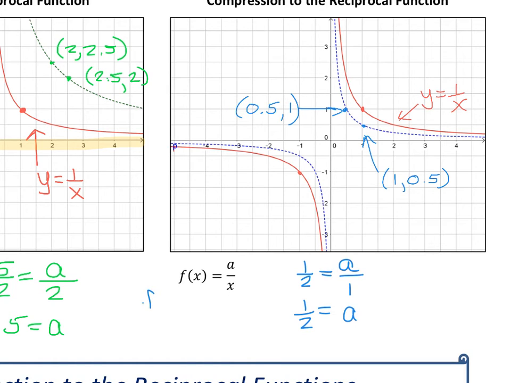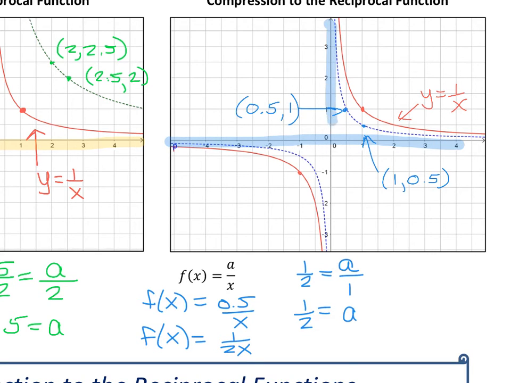And so for our dashed line here, I could write that as 1/2 on top, over x, or more likely I'd write it as 1 over 2x. Both of these are equivalent functions, and you can see that they are both compressions. And once again, without any translations left or right or up or down, this new transformed function has the same exact asymptotes as the parent, which are the x and y axes.